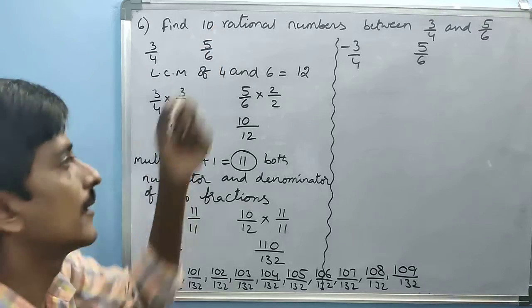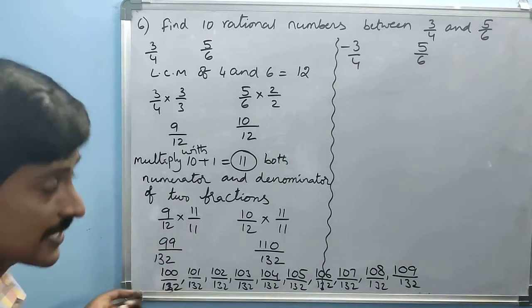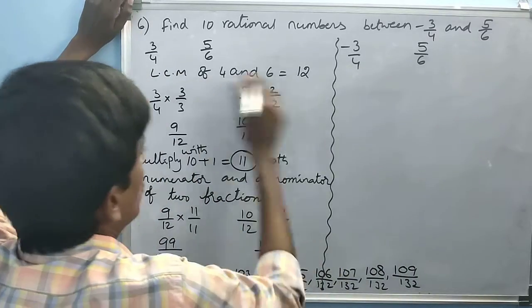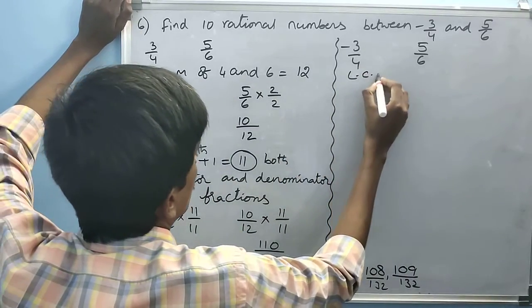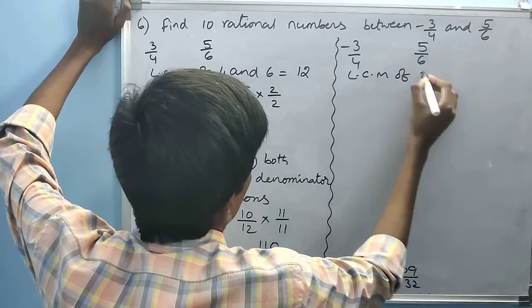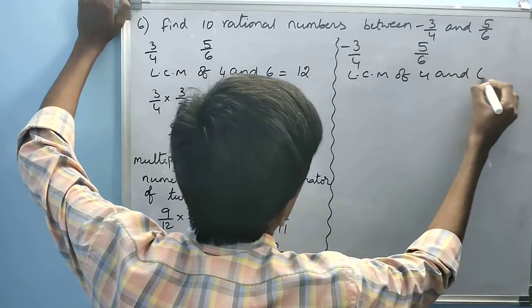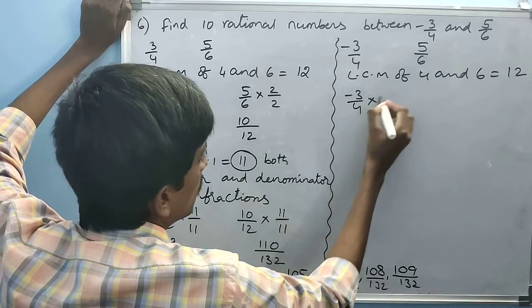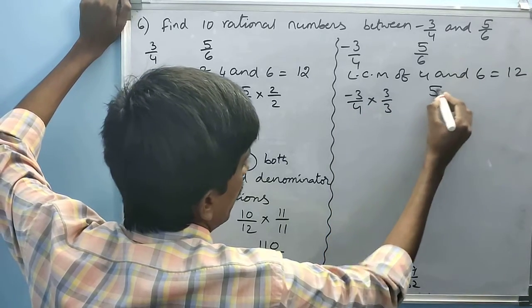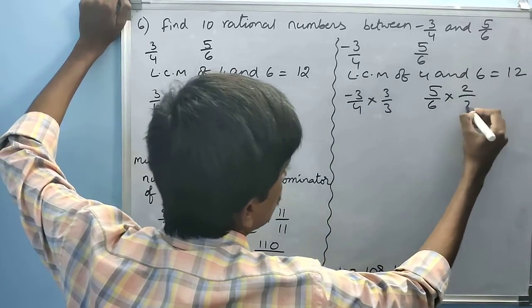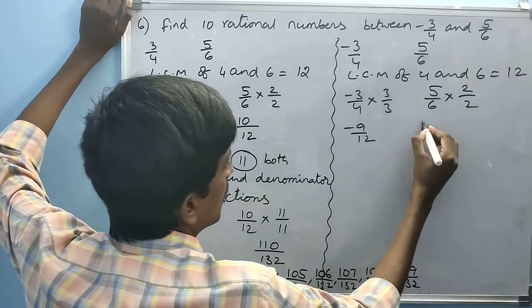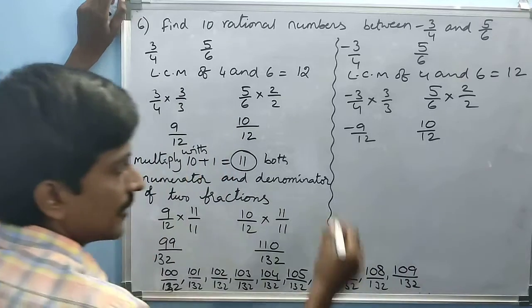Okay, clear? Now according to what is given, our sum is minus 3 by 4 and 5 by 6. Same LCM of 4 and 6 equals 12. Minus 3 by 4 into 3 by 3, and 5 by 6 into 2 by 2: minus 9 by 12 and 10 by 12.